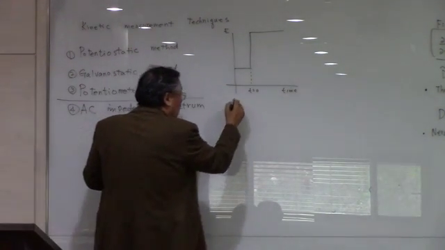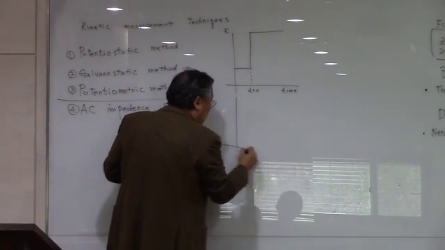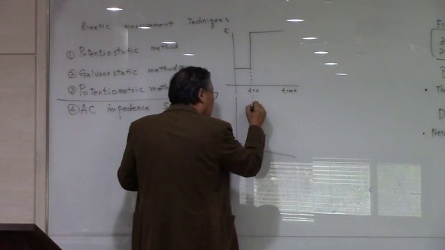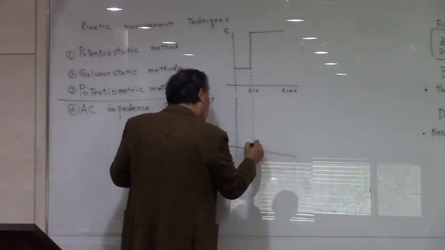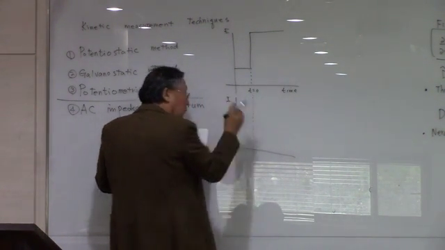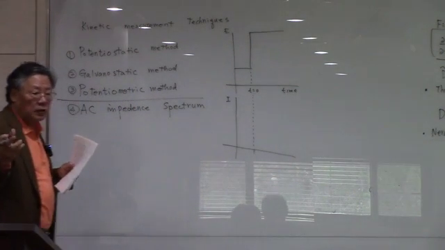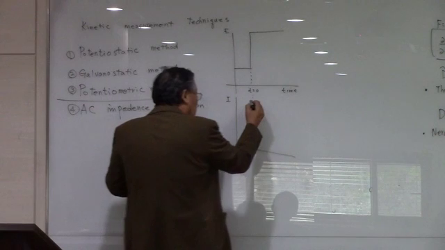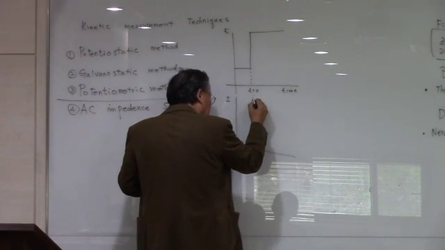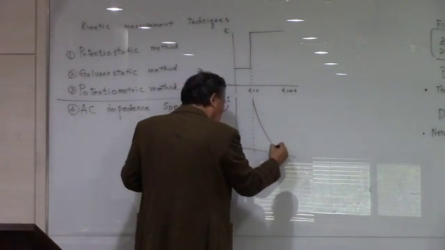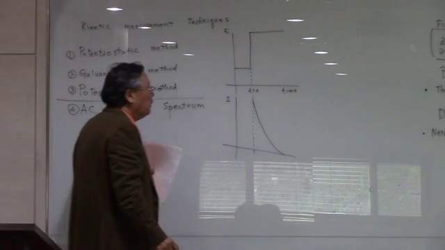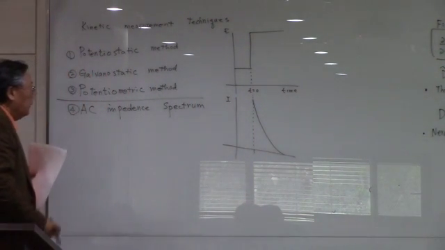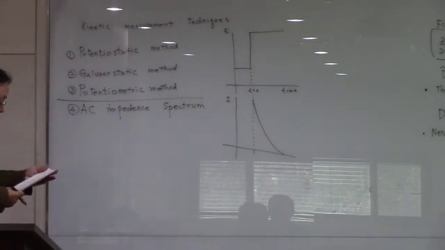And then, accordingly, you are going to measure the current between the cathode and anode, okay? And then you see the current is going to decrease in this fashion, all right?